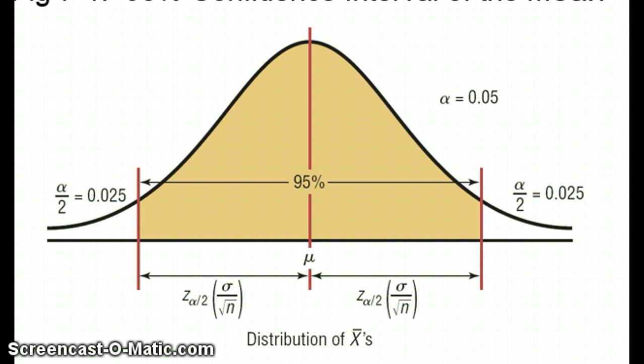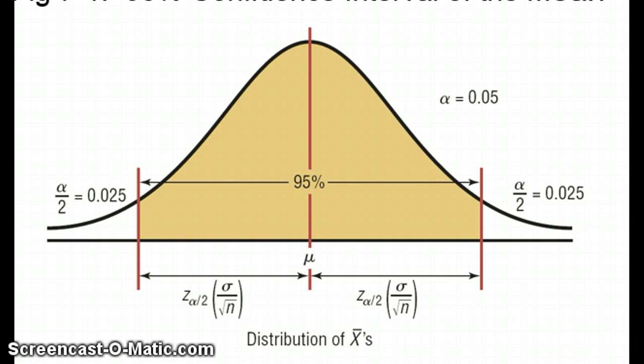If we're using our calculator, we're going to use Z interval. And so the Z interval command on our calculator, and then we can choose two different ways in the submenu to input our information. First way is we can choose data, and we can put all of our data into a list, and it'll do all our work for us, and it'll calculate the confidence interval from the list.